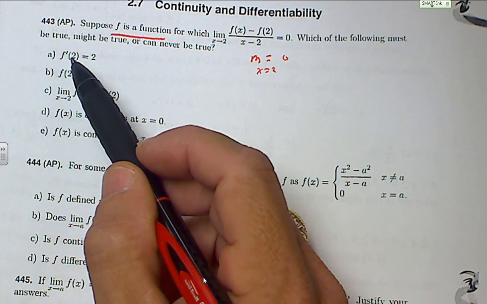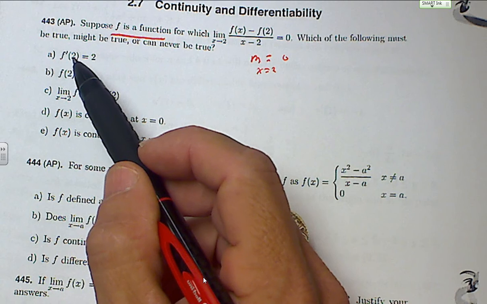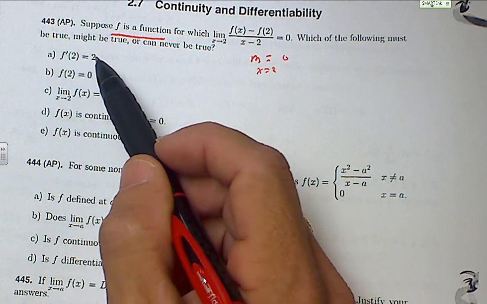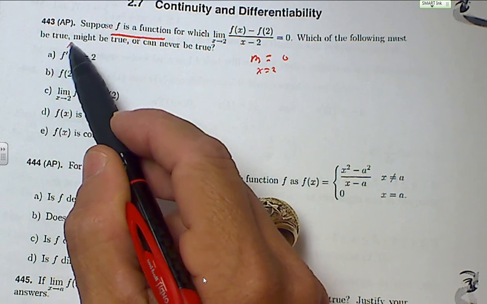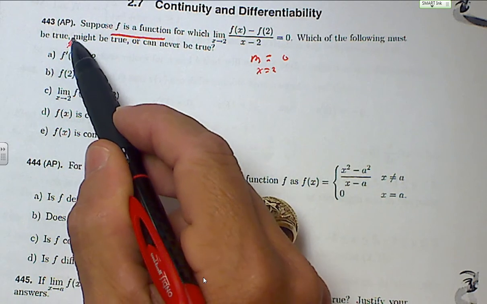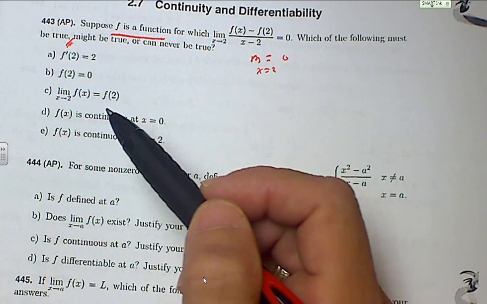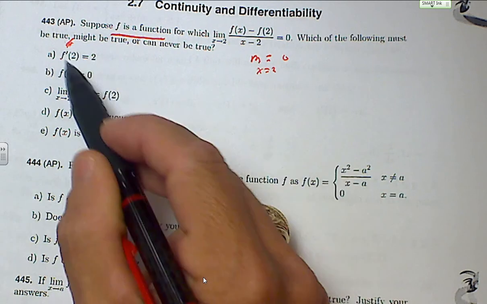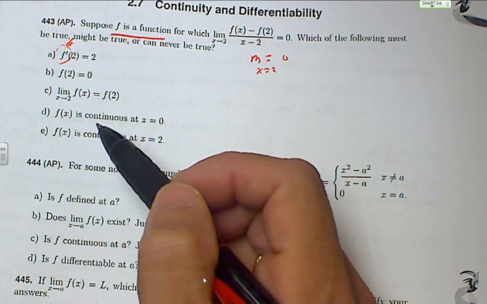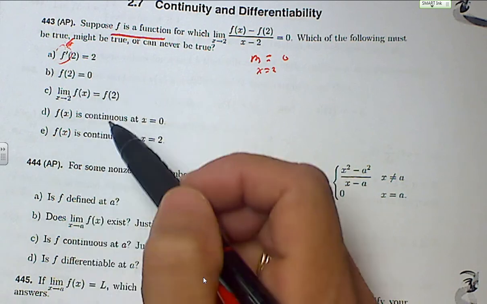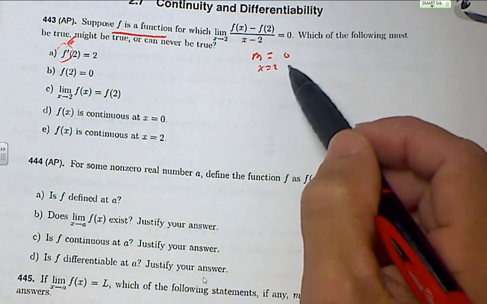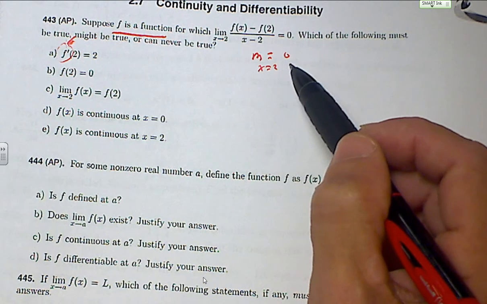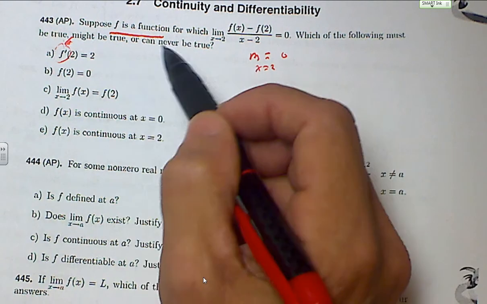Close. When x is 2, the slope is 2. Yeah, because that derivative is the slope. That f prime means derivative. F prime is talking about slope, right? That symbol means slope when x is 2. Is that possible? No. So this one would be what? Never true.